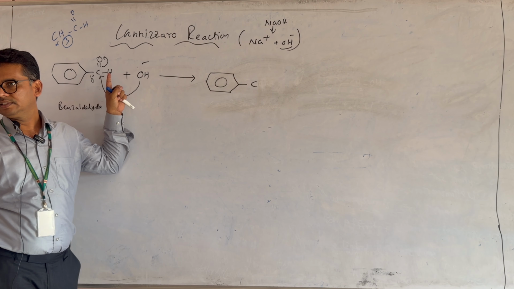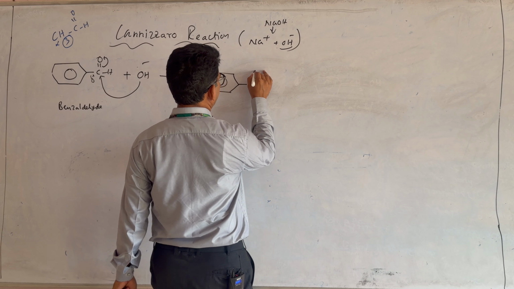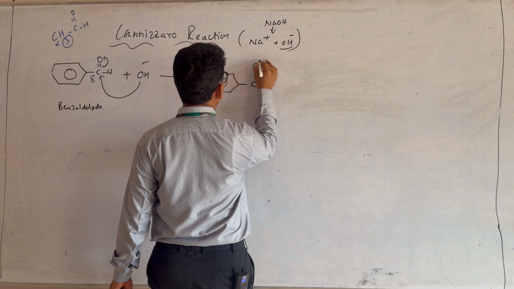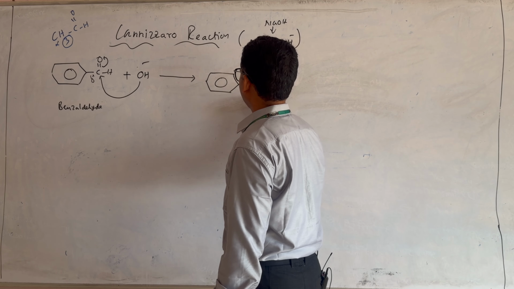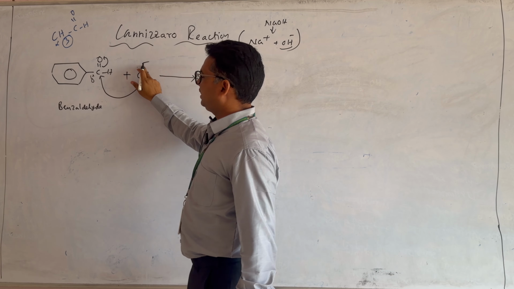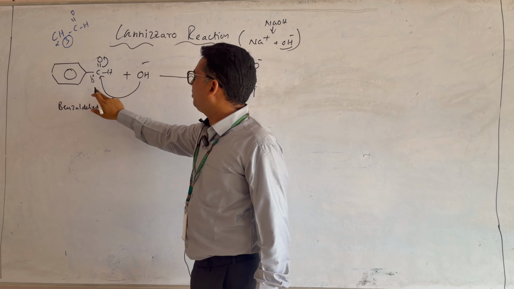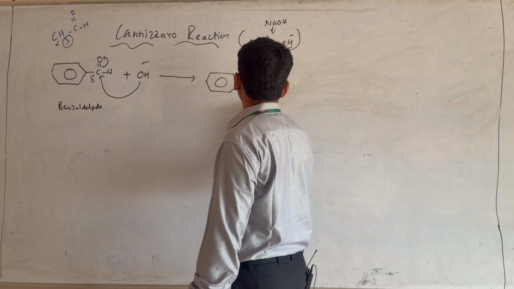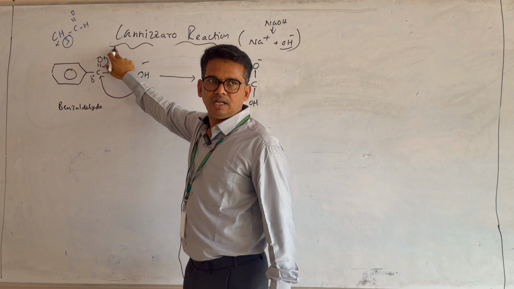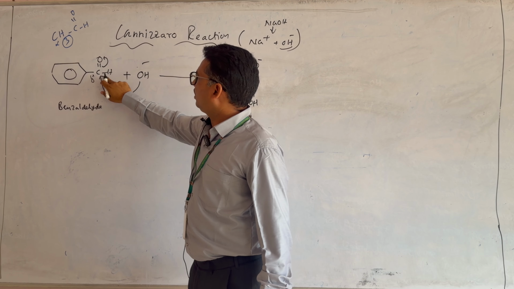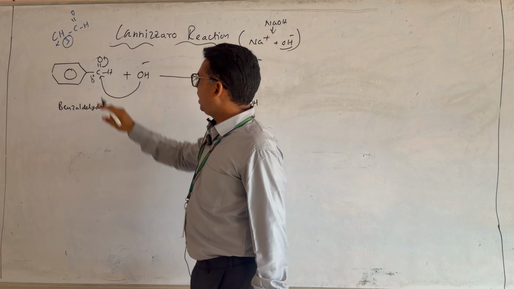Then that extra pair of electrons moves to the oxygen. First the OH will attack, then movement of the electrons takes place from the carbonyl carbon to the oxygen.